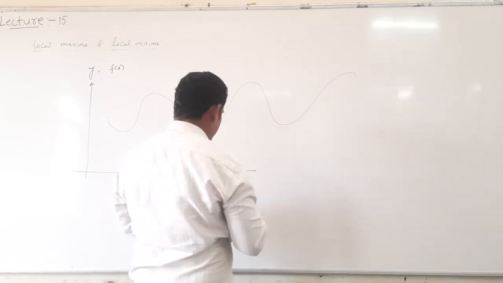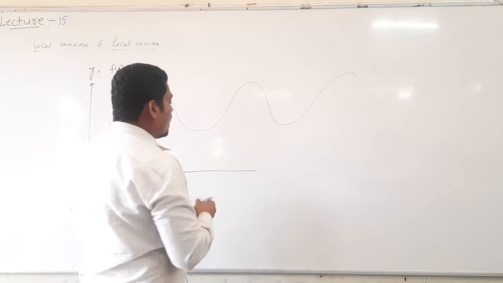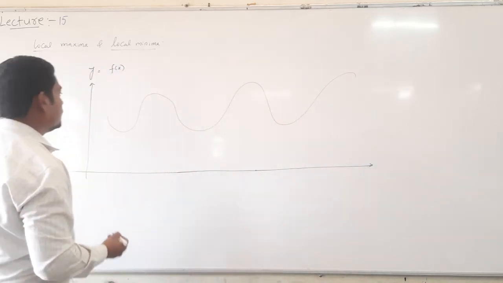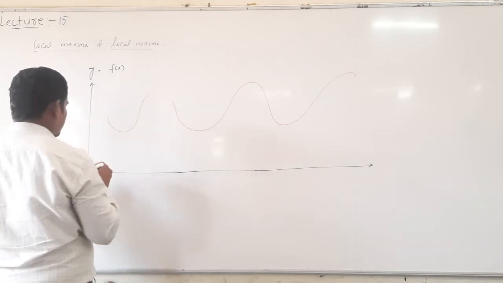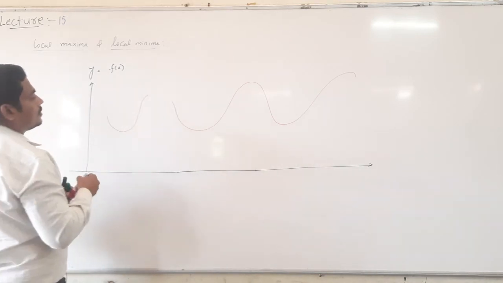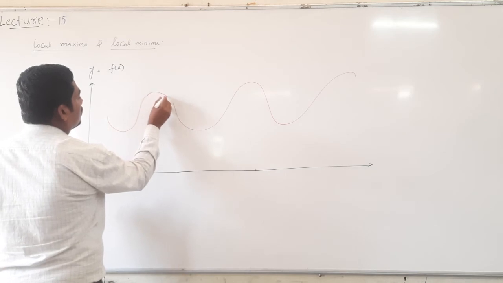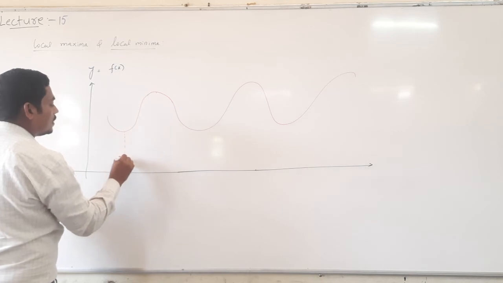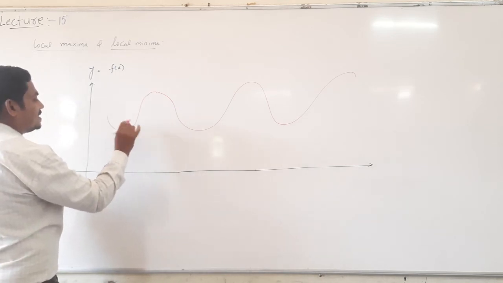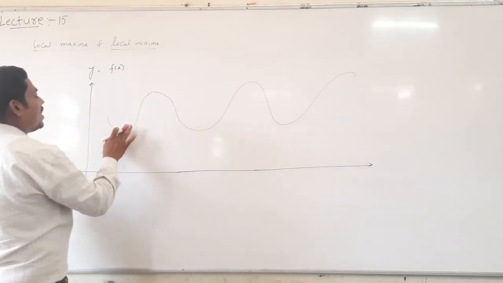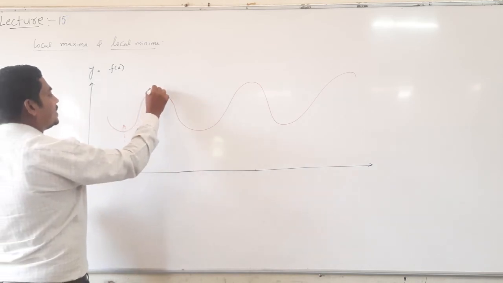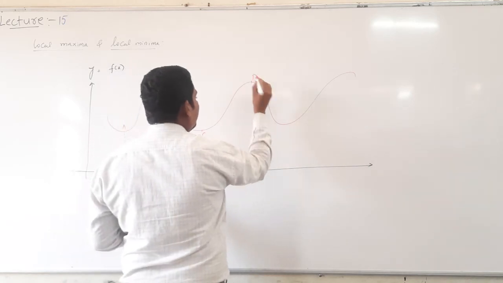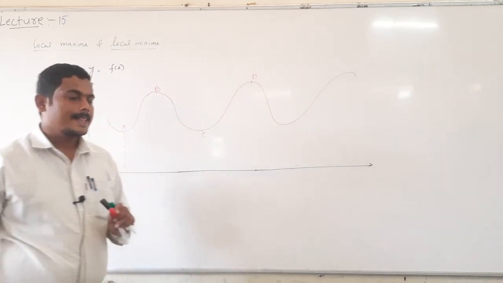This is the graph of y equal to f of x. Take point A, point B, point C, D, E, F and so on.